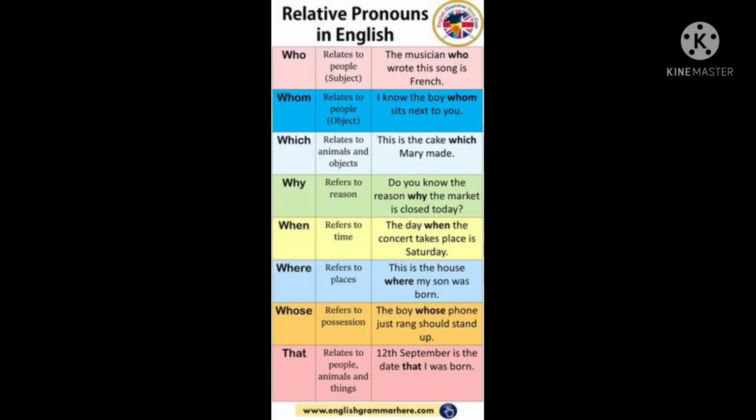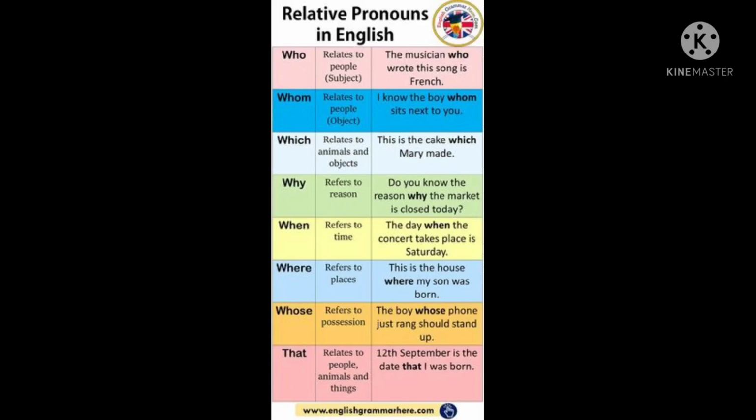Let us now learn the relative pronouns that we use in relative clauses. The relative pronouns are who, which, whose, whom, that. Let's look at the usage of the relative pronouns. The word who is used for people.